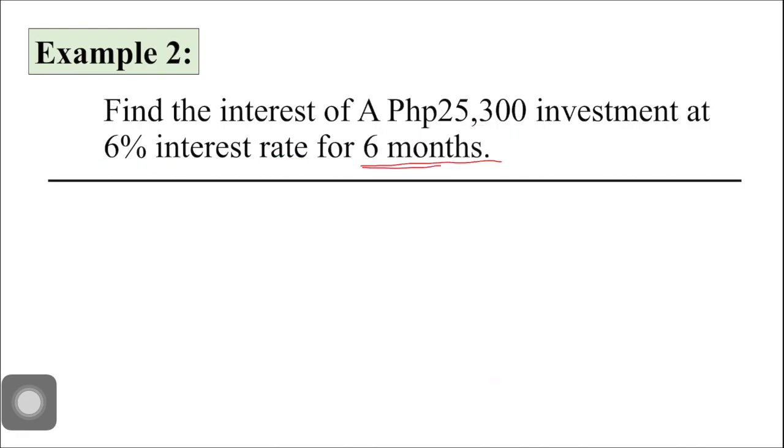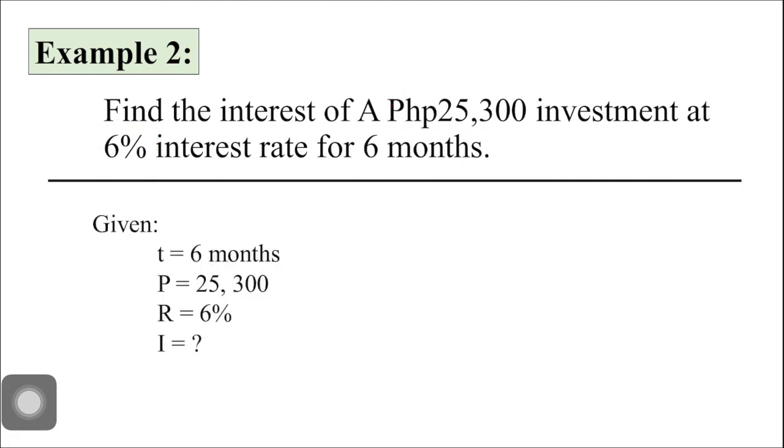So we need to express this into year, because simple interest is calculated annually or yearly. What are the given in the question? The 25,300 is the principal, the 6% is the rate, and the 6 months is the time.